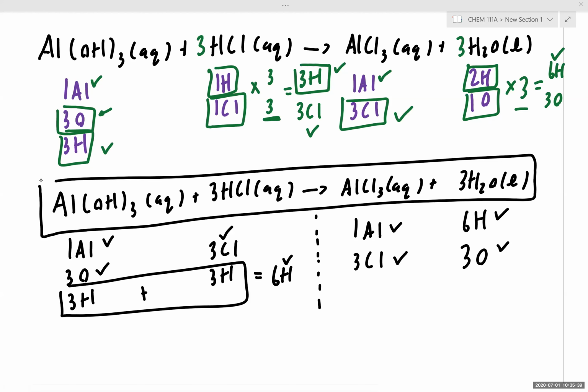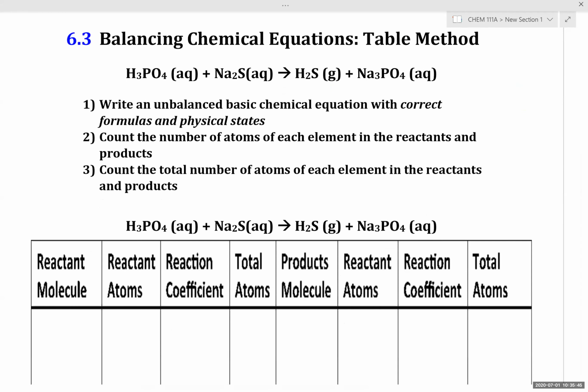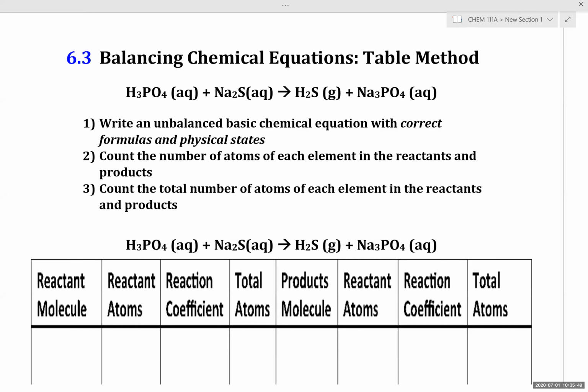Now, there's another way that I like to balance chemical equations, and it's known as the table method. So let's do an example considering we have the following chemical equation at play. In the table method, following our step-by-step procedure, we're going to write an unbalanced chemical equation with the correct formulas and physical states.